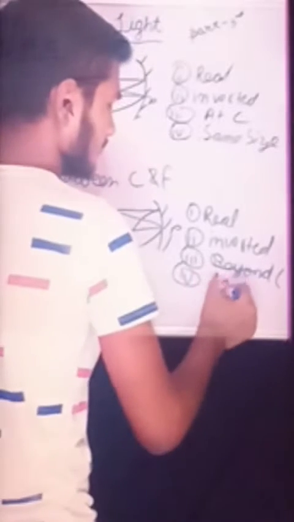I told you that whenever the image is in front of the object, it is smaller than the object, whenever it is at the same position as the object, it is the same size as the object, and whenever it is beyond the object, it is larger than the object. So here it is larger.